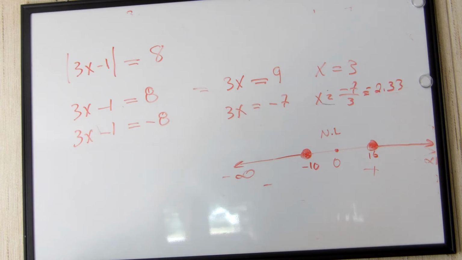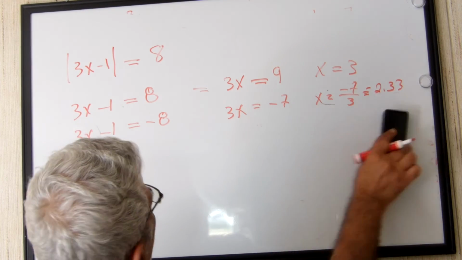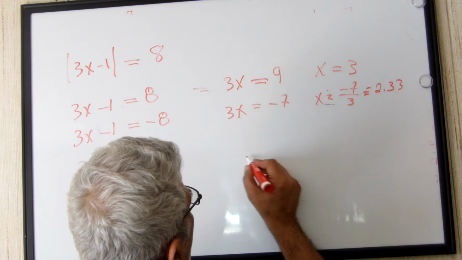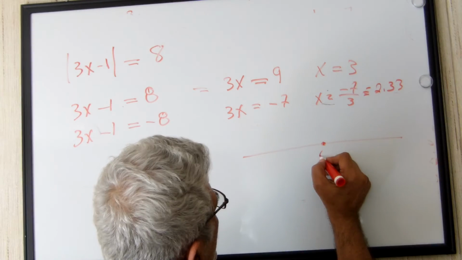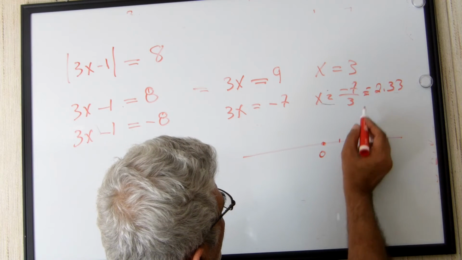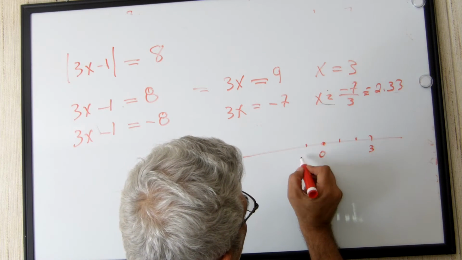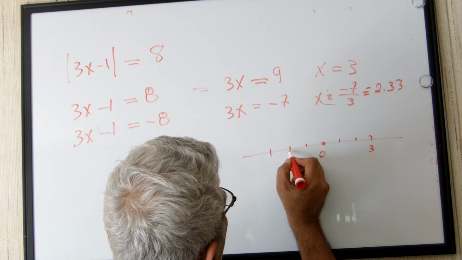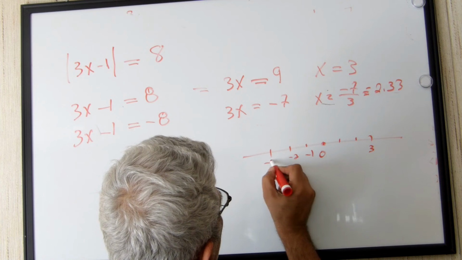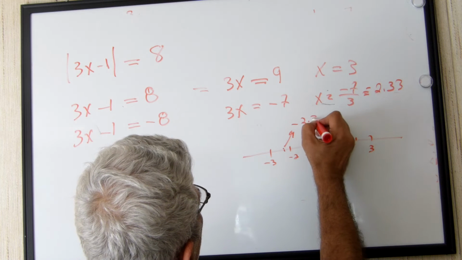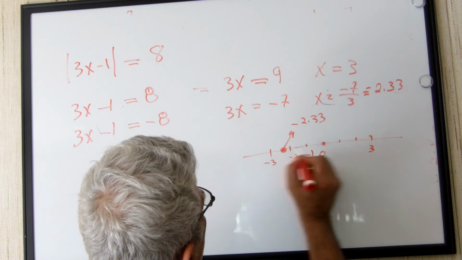So on this line, 0, 1, 2, 3 is 3 here, and minus 2: 1, 2, 3, minus 2.33. It is going to be 1/3 of the way past minus 2, minus 2.33. So either this point or this point could be the answer.